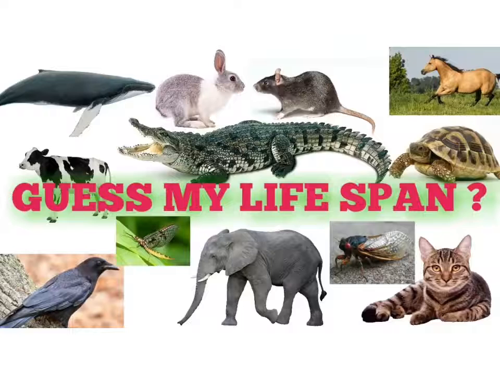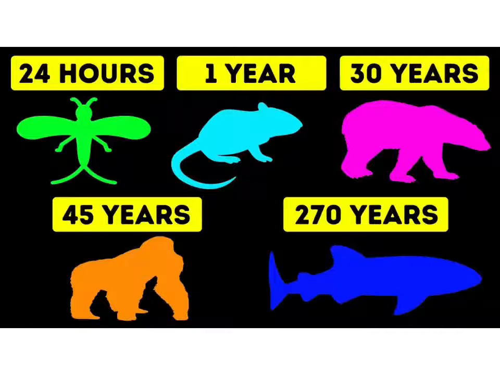The next characteristic of living organisms is their definite lifespan. Living things have a definite lifespan. Organisms are born, they grow up to become adults, and then gradually turn old and finally die. Different organisms have different lifespans. For example, a bacterium lives for about 20 minutes.